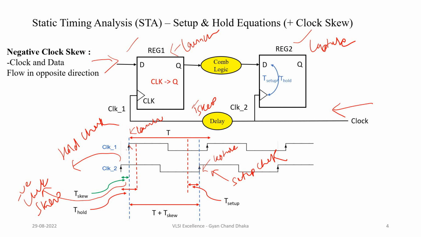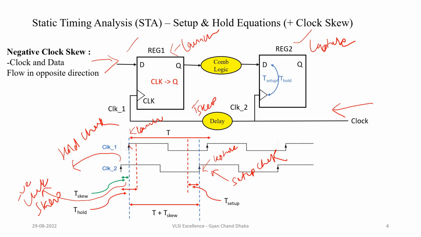So the time between the data launch and data capture has actually decreased by the T skew time. So if the time between launch and capture has decreased, this is basically the required time. So here, the required time has decreased.